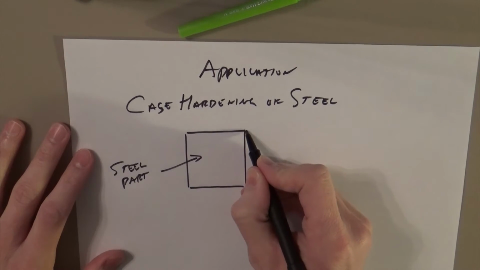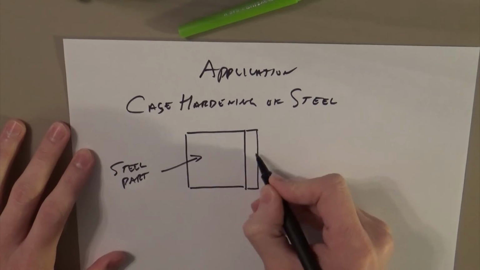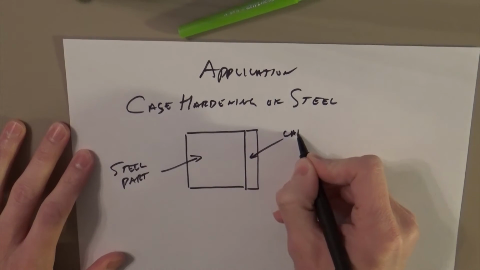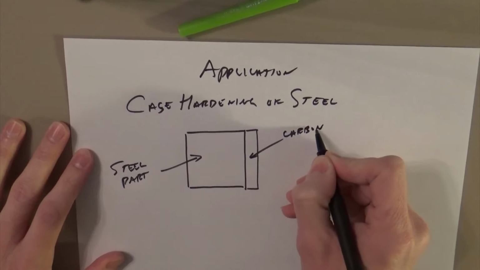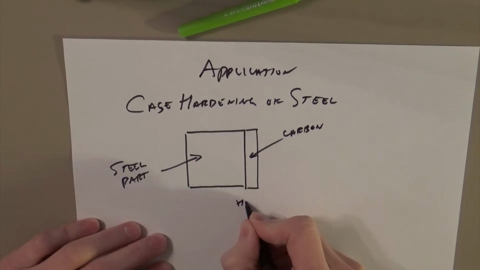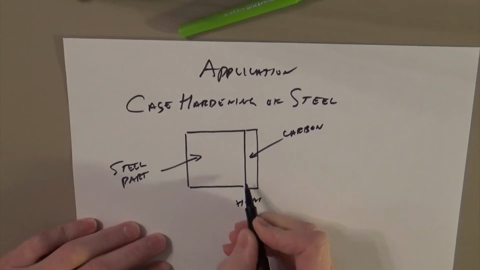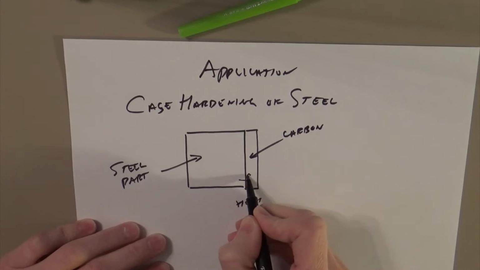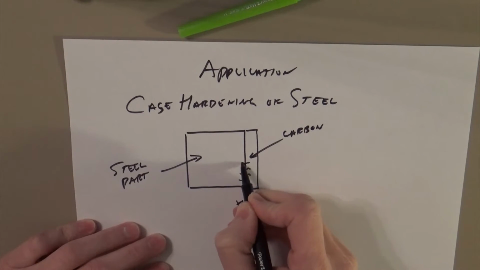And what we do is we put some carbon up here, some graphite, we heat it up, and that allows the carbon to diffuse in, and we just diffuse into the surface.